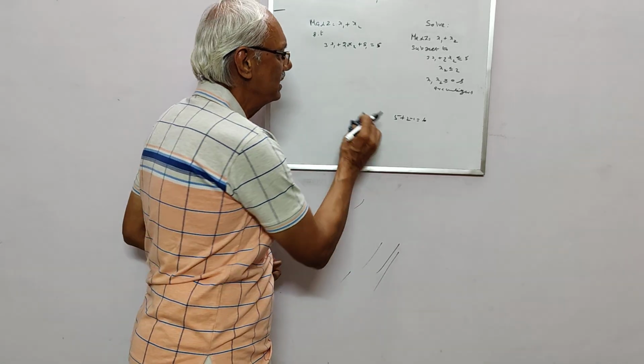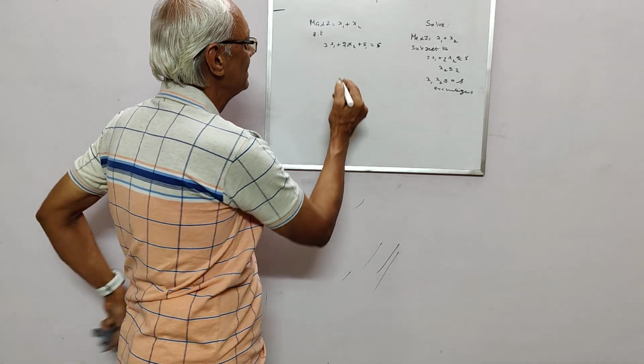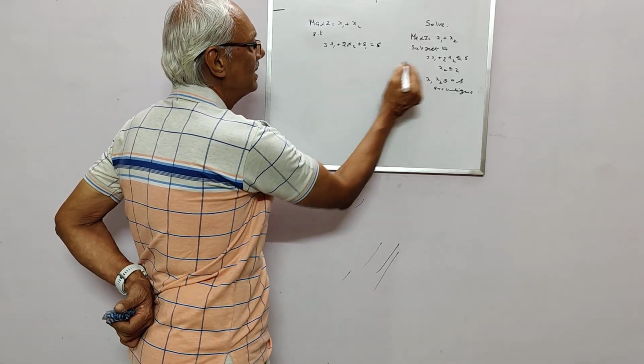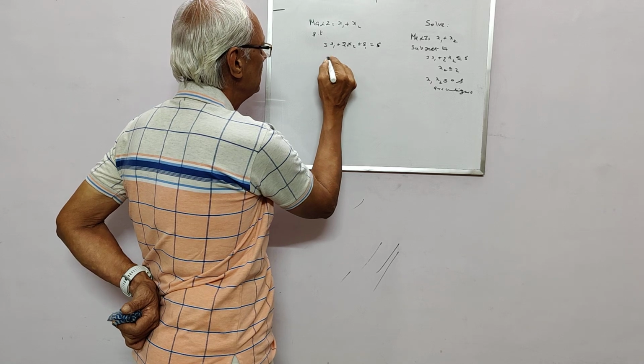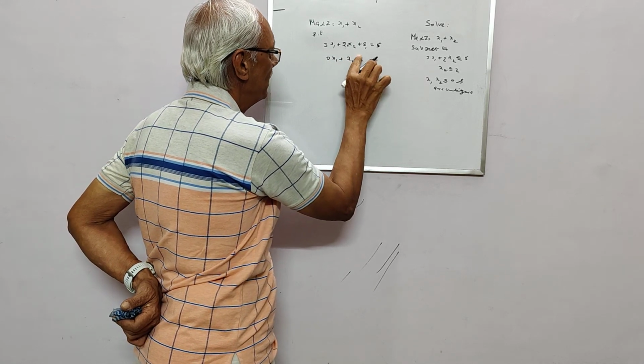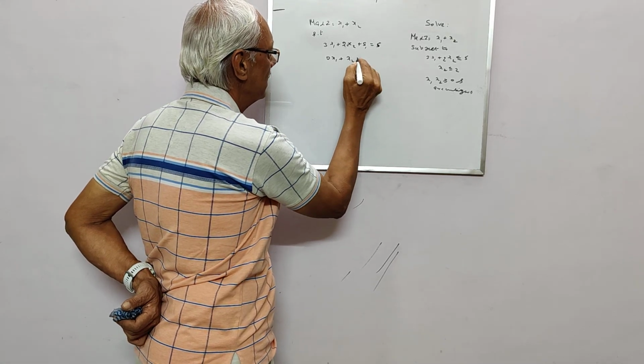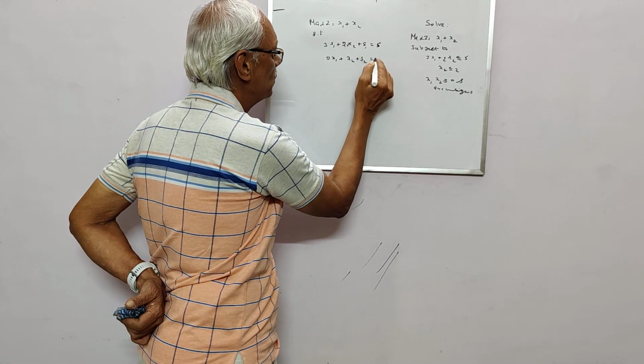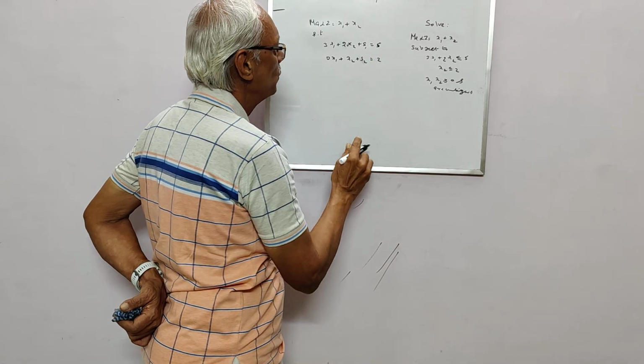Now coming to this, the second constraint is 0x1 + x2 + s2 = 2.